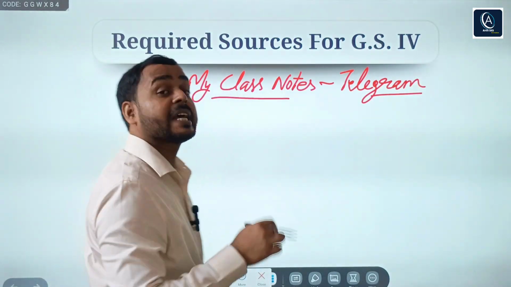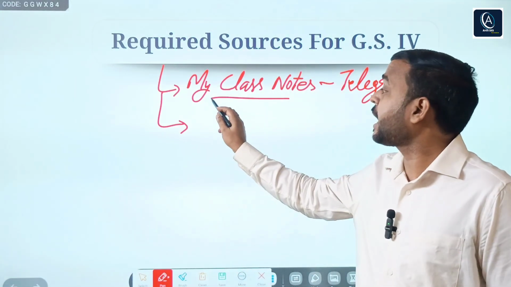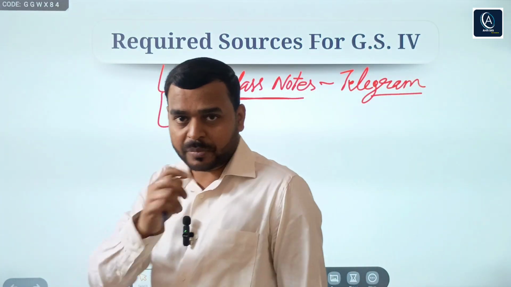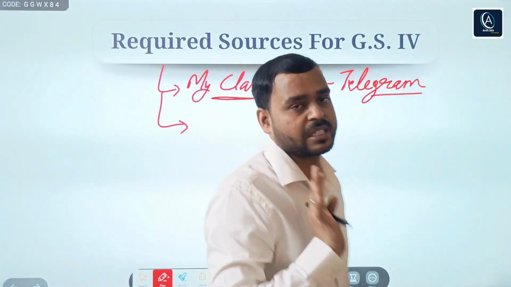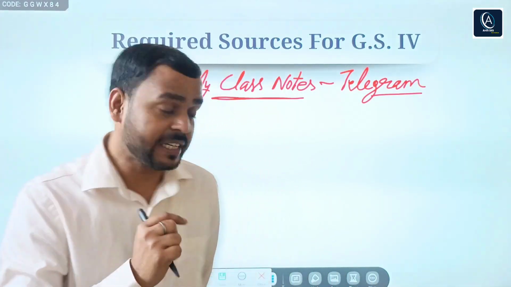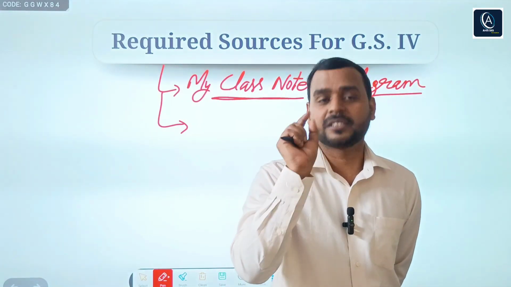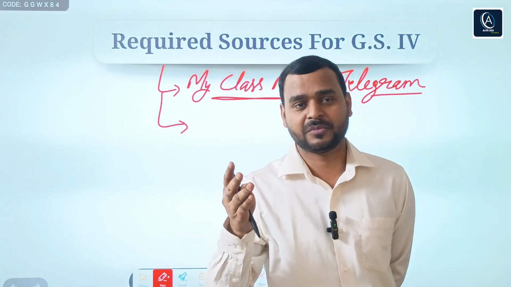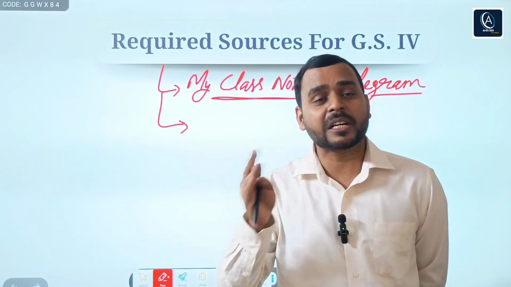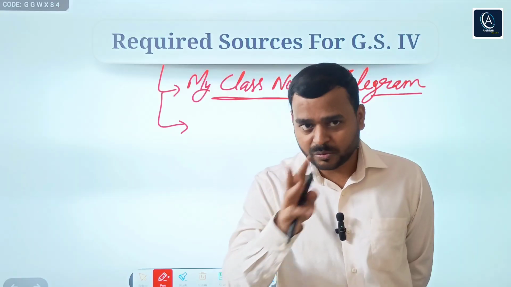Then, for your psychological satisfaction, and one more thing I would like to tell you, I have tried to cover the syllabus comprehensively. But for your psychological satisfaction, you need to have a book, just one book, not multiple books. As I said, topics from the theory part are from psychology, philosophy, and administration.